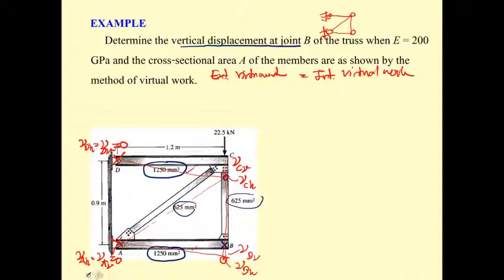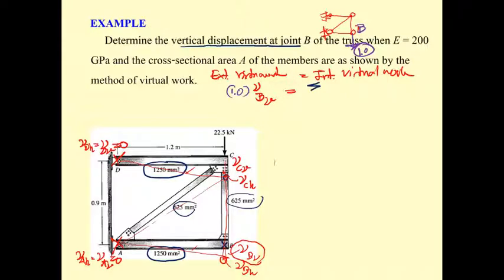You have to put a force of 1 unit at point B, in the vertical direction. Now, this 1.0 force is going to have the deflection V sub B vertical. It's going to have V at B vertical, and it's going to equal the summation.